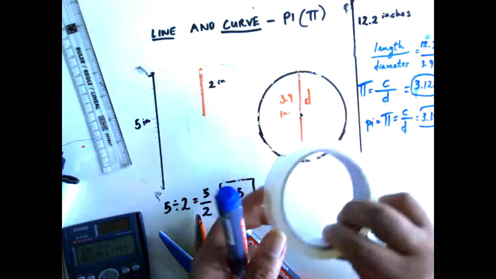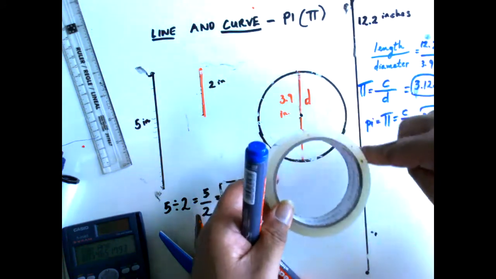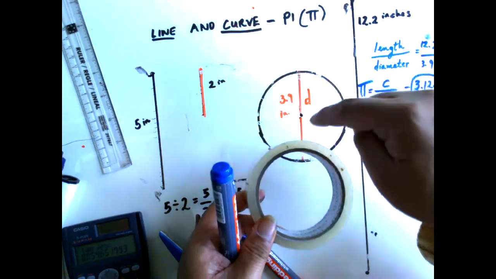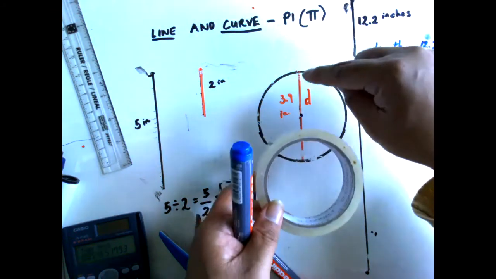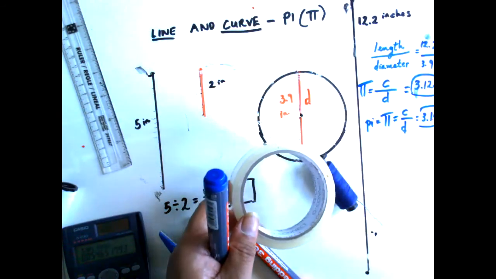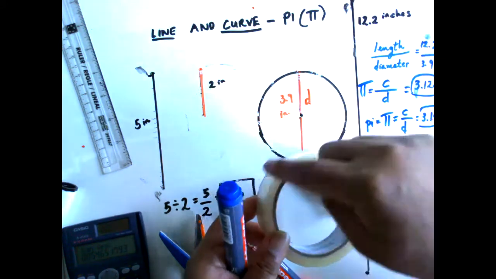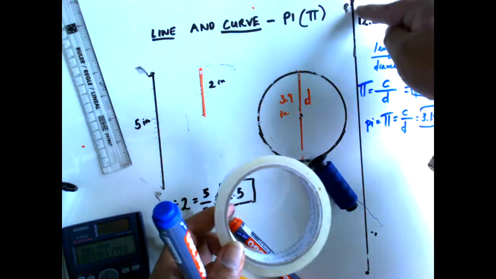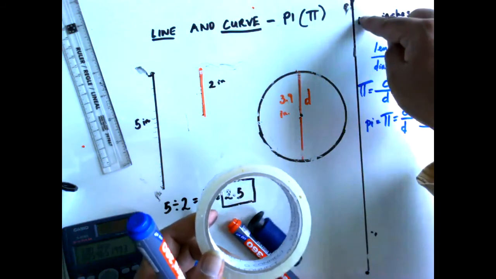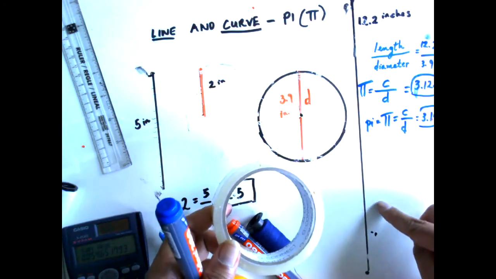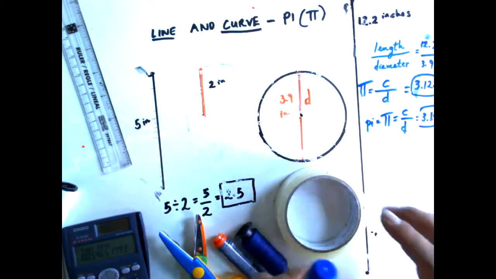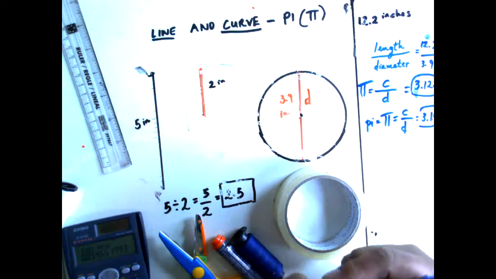So you trace it, get a thread, wrap it across and cut it and put it in a straight line, and measure the diameter and the length or the circumference.